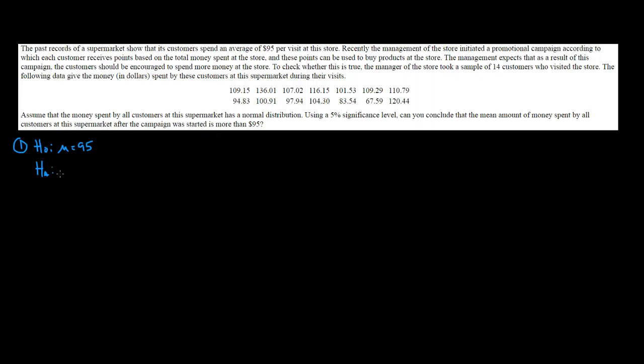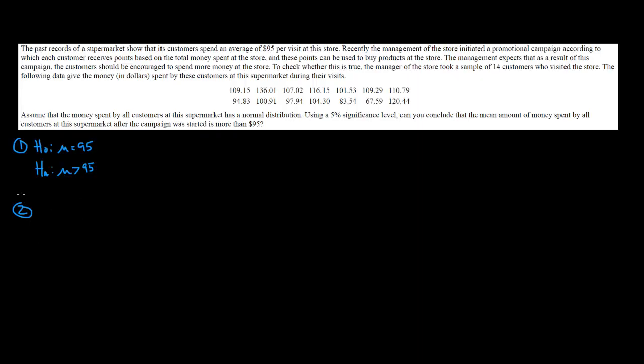So he's hoping that actually mu is greater than $95. Okay, so we have a one-tail test, and this is a right-tail test. Again, usually we would have to draw a null model, identify critical points, and spend 5 minutes here.